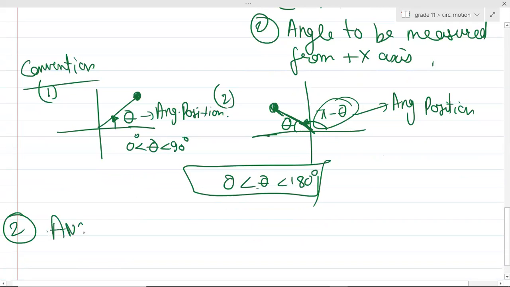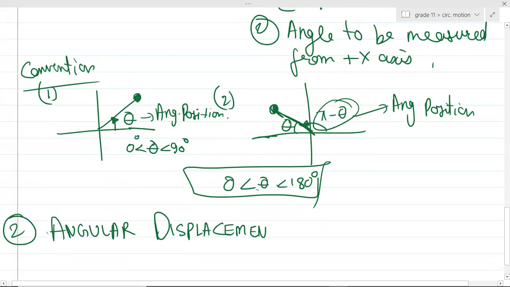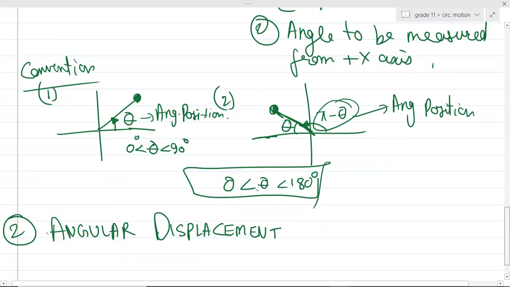Now, let us talk about the next angular parameter, which is called angular displacement. Now, what is angular displacement?